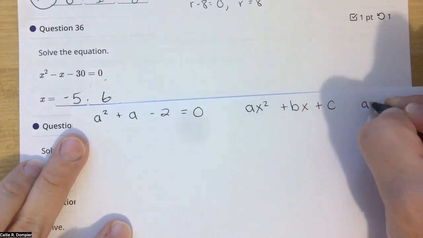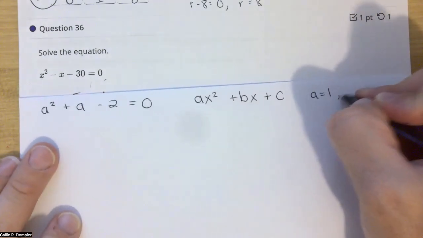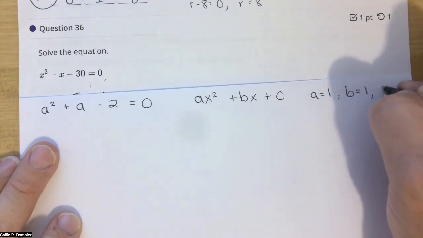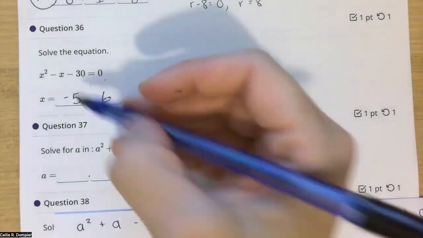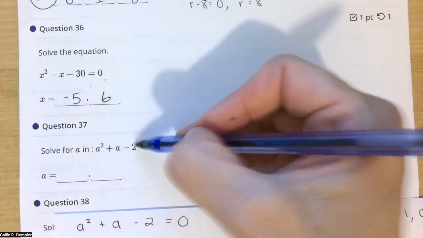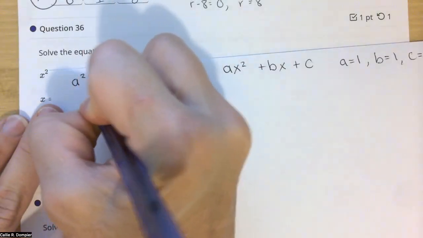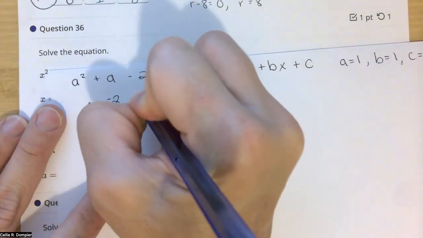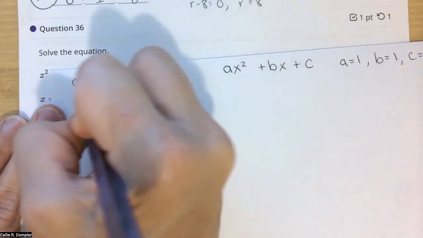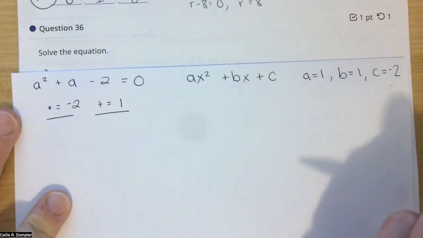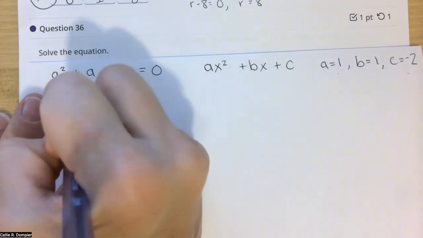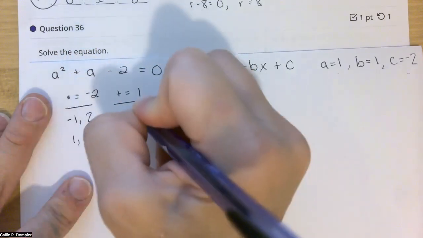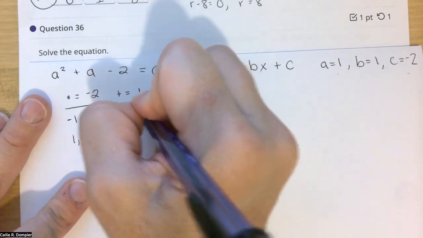So our a is 1, b is 1, c is -2, right? Multiply to equal -2, add to equal 1, because -2 times 1 is -2. What are the factors of -2? We either have -1 and 2, or we have 1 and -2. Which one of those adds to 1?